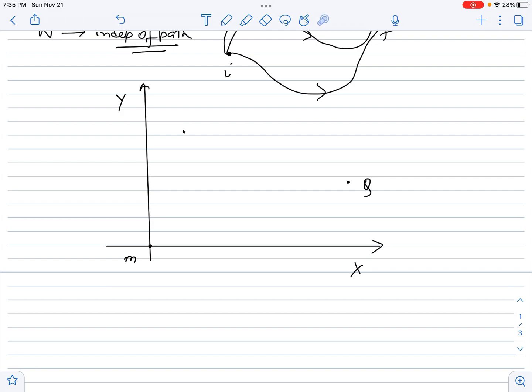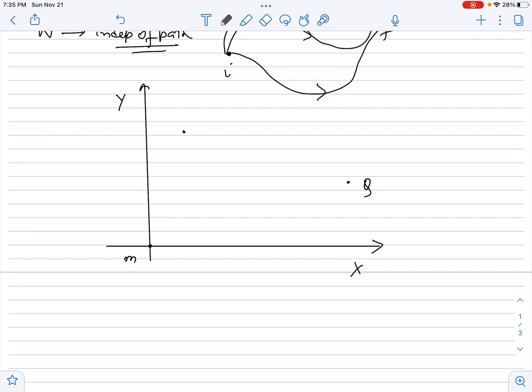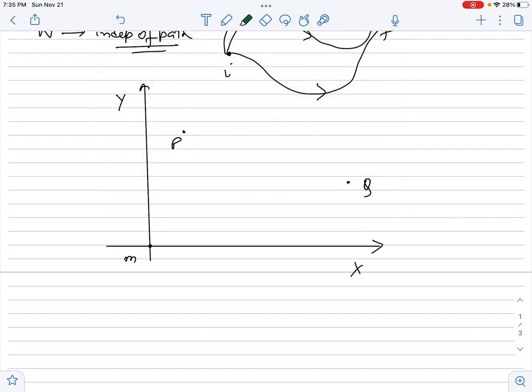Now you know the gravitational force is the central force. Wherever you want to feel the force, this force must be towards the point mass. Now this point is P, this point is Q, and you pick a path from P to Q like this.